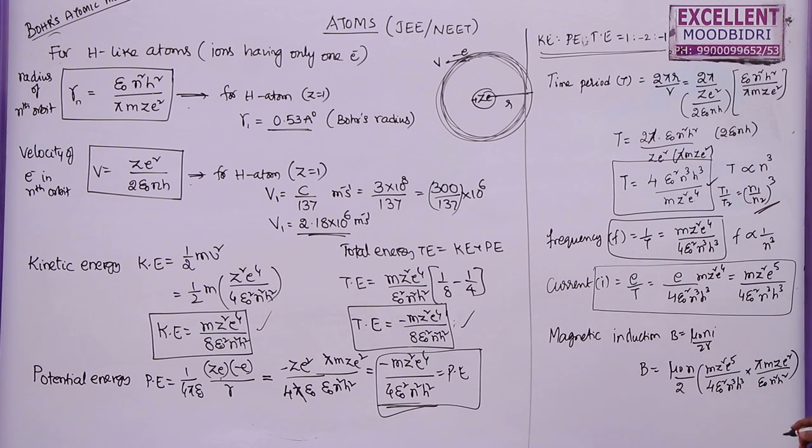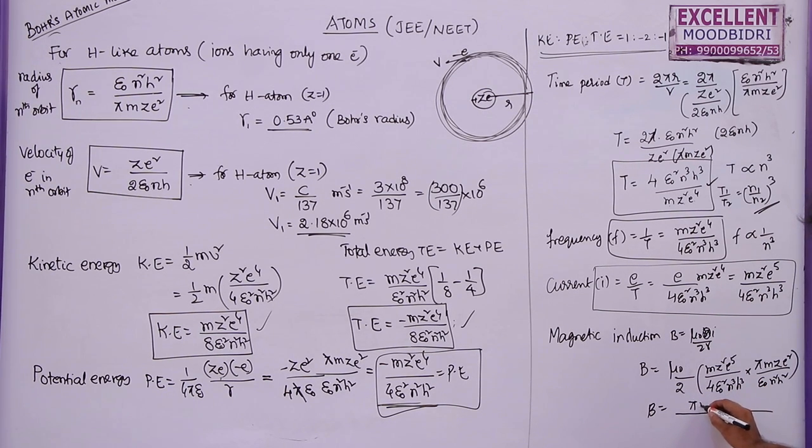Now what can you cancel here? This 2 and 4 are 8 in the denominator, and the numbers that can be cancelled here, where N is the number of orbit, number of electrons. I will take this N as 1 only, because this is not the number of the orbit, this is the number of electrons that are revolving in this one. So mu naught by 2, this will become, mu naught is constant here, pi is a constant.